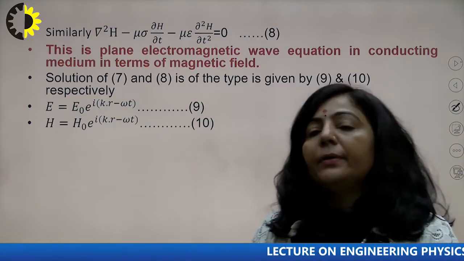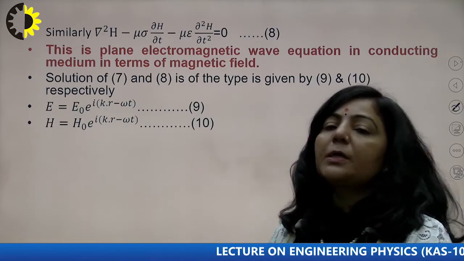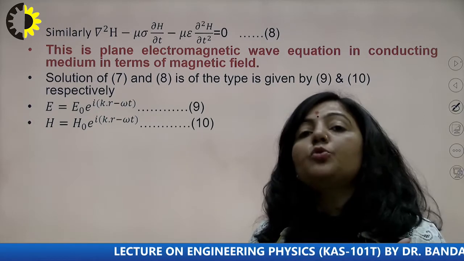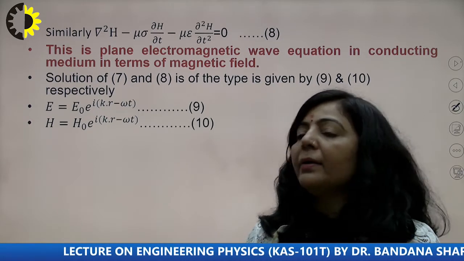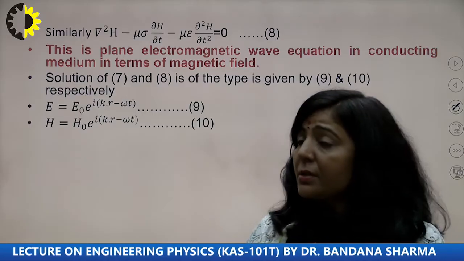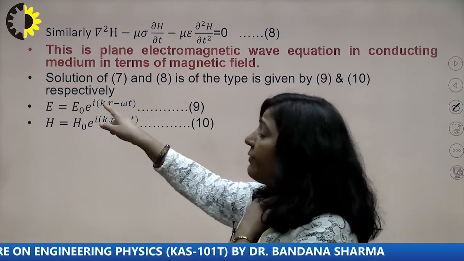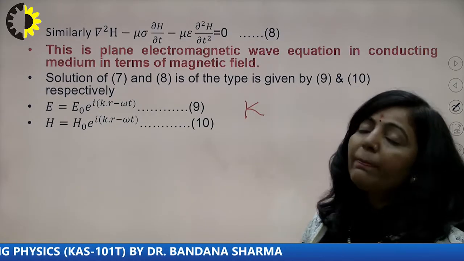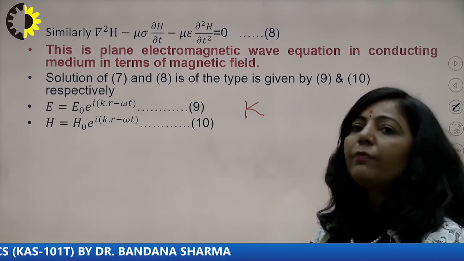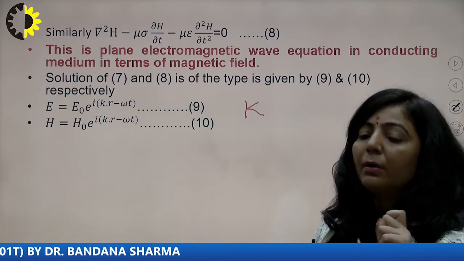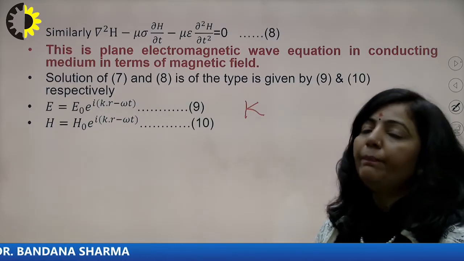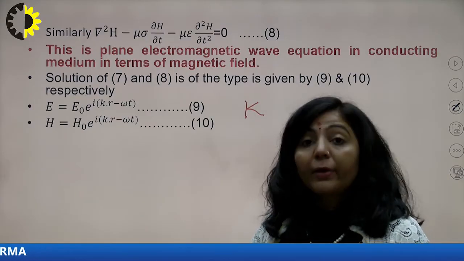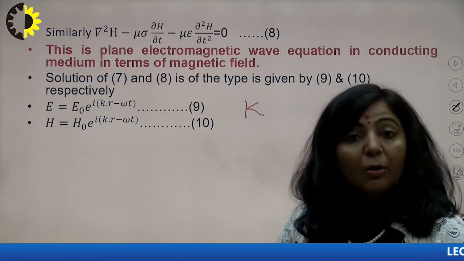If you remember, in case of free space, you get a similar type of solution. But the difference between these two mediums, vacuum and conducting medium, is this propagation vector k. In case of vacuum, k has a real value, but in case of conducting medium, k is not real, it is a complex quantity.